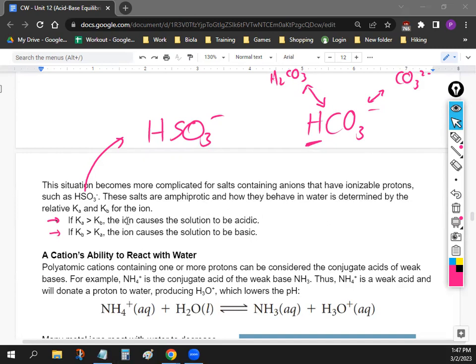That's determined by the Ka and Kb values. You're going to want to look at the Ka and Kb values. There's no general rule to memorize, or I guess this is a general rule. Good question.